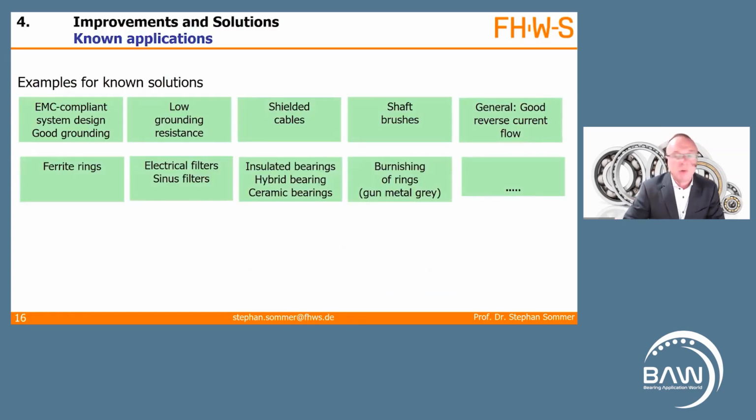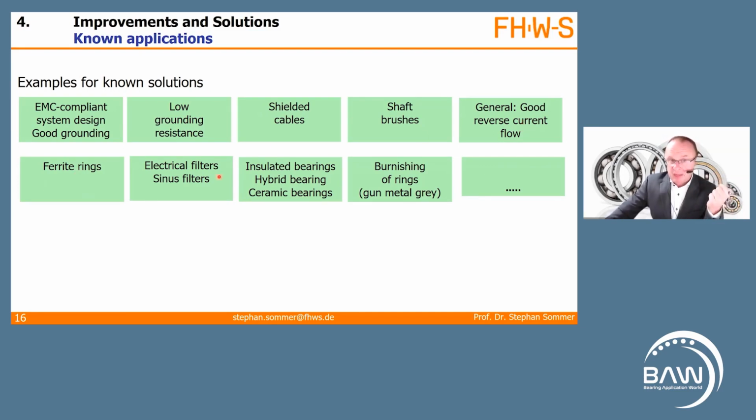Here are known applications. Examples for known solutions are EMC compliant system design, a good grounding, low grounding resistance, shielded cables, shaft brushes, or in general, a good reverse current flow.